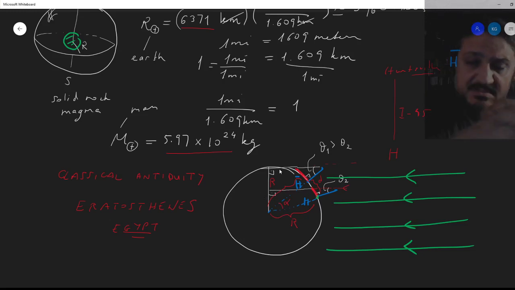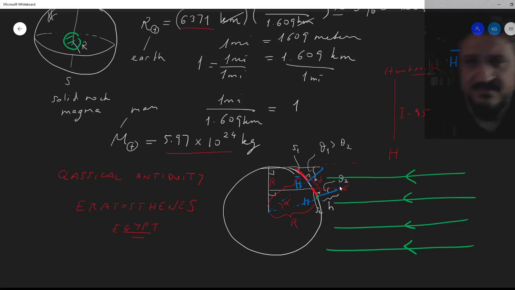So the knowns. The knowns are the height of the stick, call it H, right here, H. We know the length of the shadow, call it S1, and then S2. Now the H is the same for both, of course.